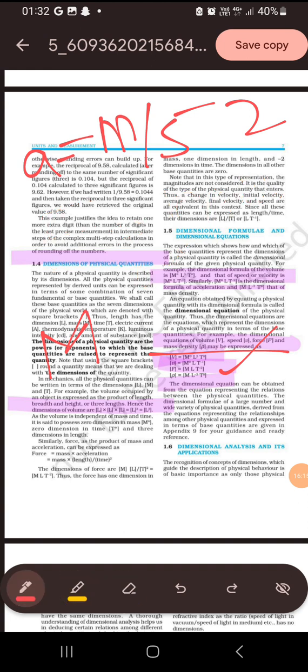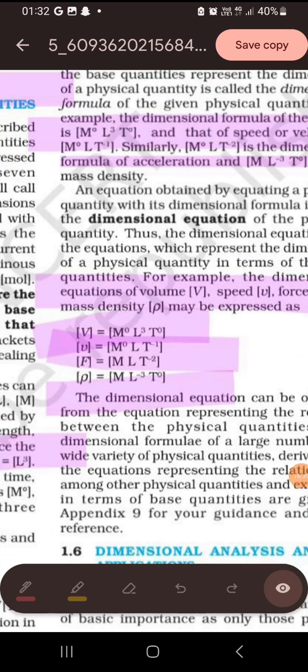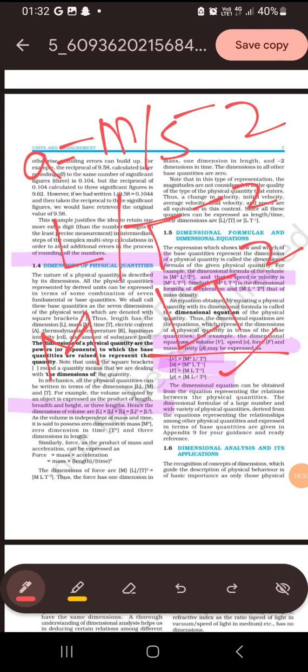You can represent it as L, per second square, T power minus 2. So the dimensional formula for force is M L T power minus 2. This is the thing you have to write.